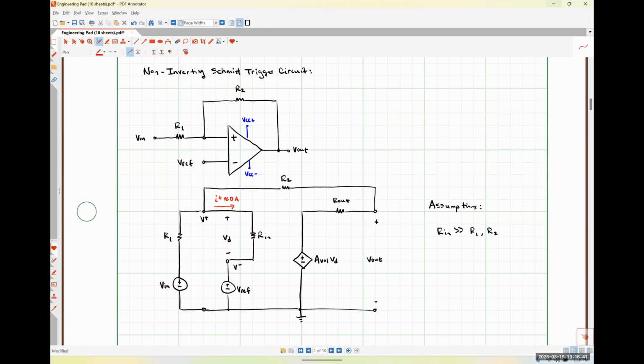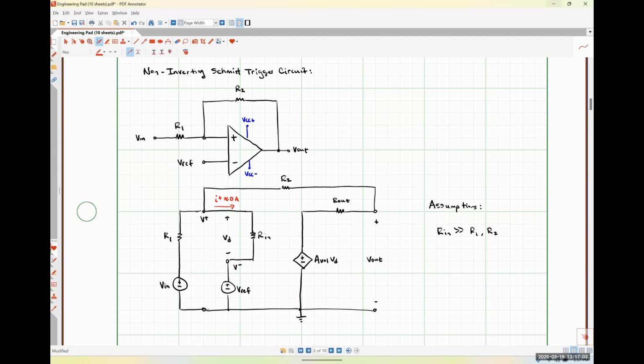It's not going to be exactly 0 amps, but it is going to be an incredibly small amount of current, usually on the order of nanoamperes or picoamperes. So 10 to the minus 9 or 10 to the minus 12 amps, okay? So it's not truly 0, but it's pretty close for all of our intents and purposes.